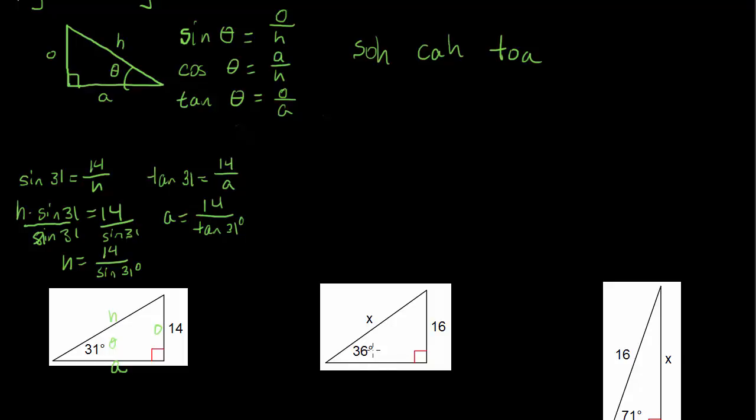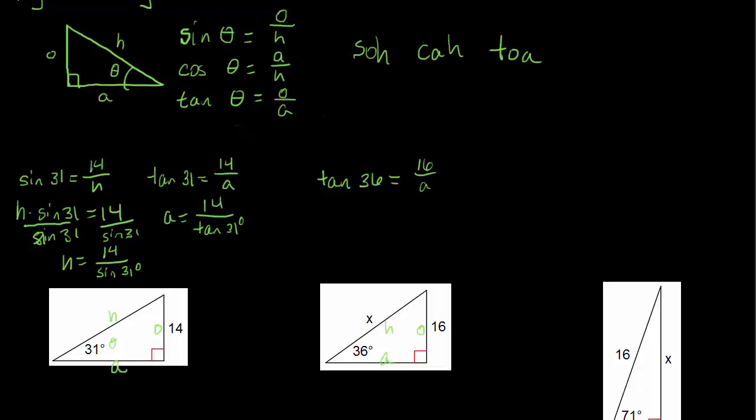So here's another setup. Again, there's my angle, so this is the opposite. Next to it would be the adjacent, and then opposite the 90 is the hypotenuse. Say I just wanted to find the adjacent. I have opposite and adjacent, that would be tangent. So I would write tangent of 36 is equal to 16 over a.